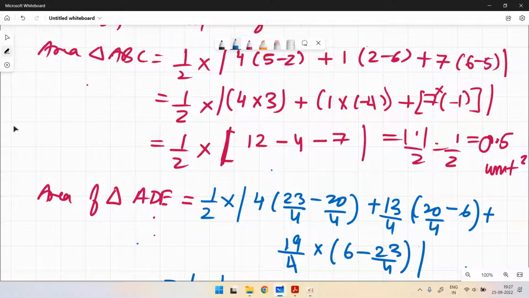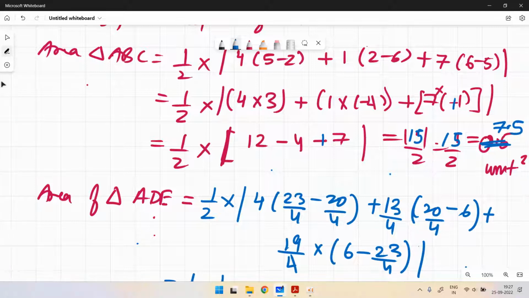Now if you see here, this triangle ABC area, 6 minus 5 is 1, so I write this as 1, ultimately 12 plus 7 is 19, 19 minus 4 is 15, so this is 15 by 2, which is 7.5 unit square.